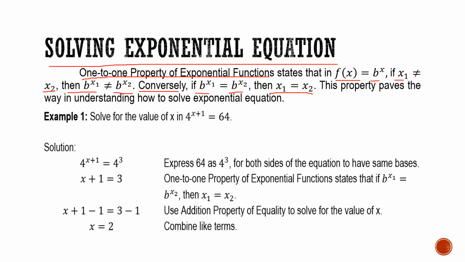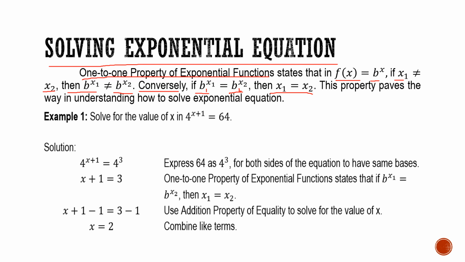x sub 2. So meaning to say, if your base 1 and your base 2 here are equal, that's why we always need to make sure that your base 1 is equal to base 2 for us to assume or to conclude that your exponent 1 is equal to exponent 2.